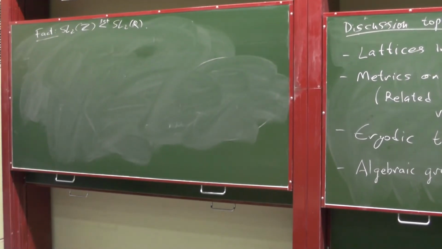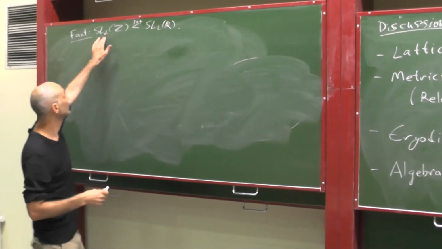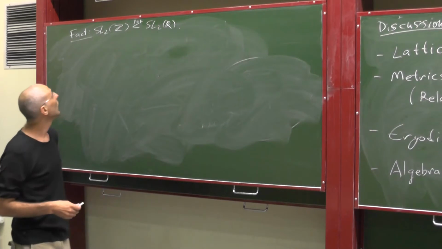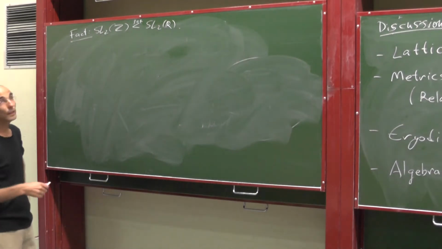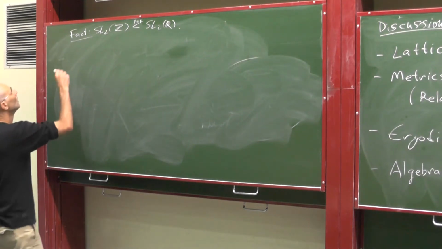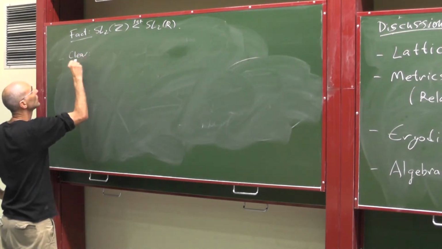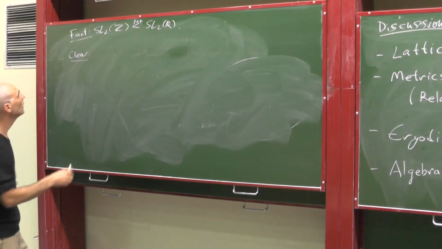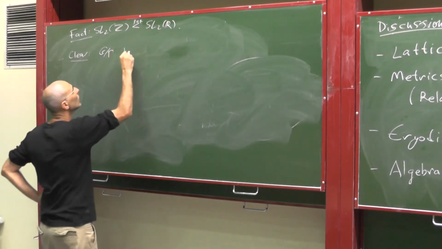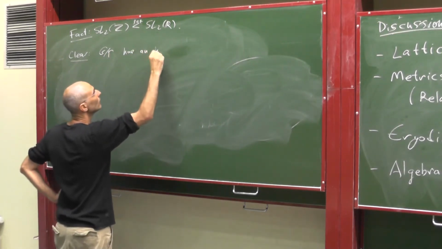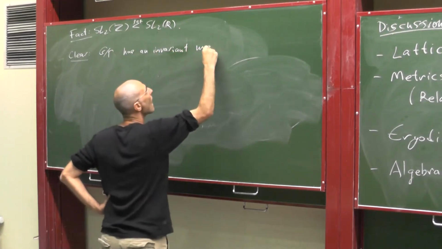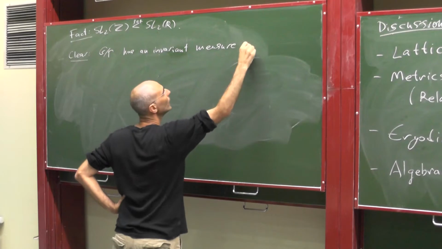So let me recall. A lattice means this is a discrete subgroup, this is clear, but also that the coset space has an invariant probability measure on it. I hope this is clear, but maybe we'll discuss this in the future. So G mod gamma, notations are clear, has an invariant measure on it.